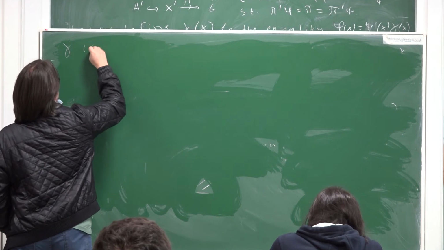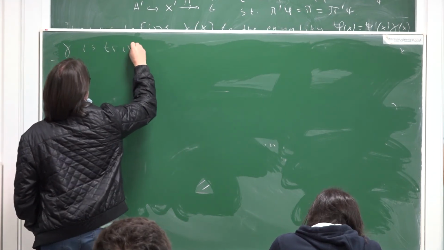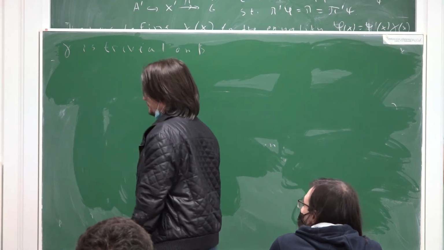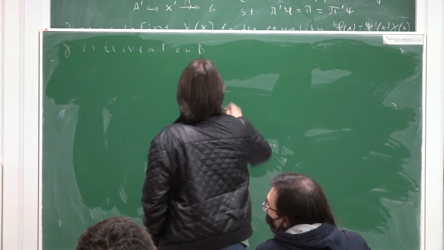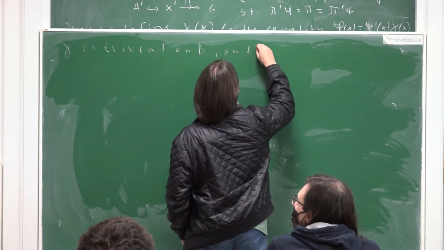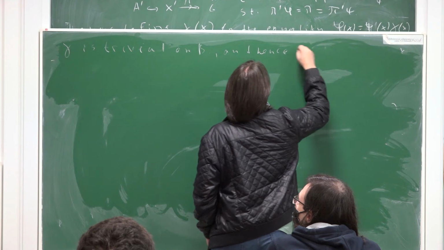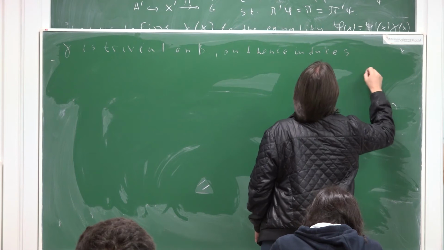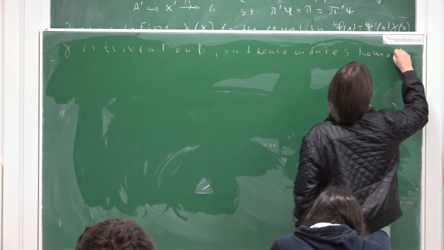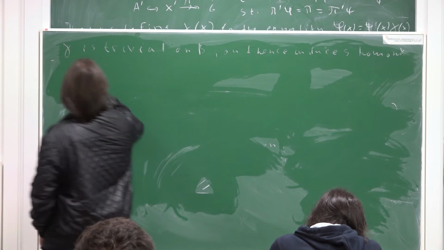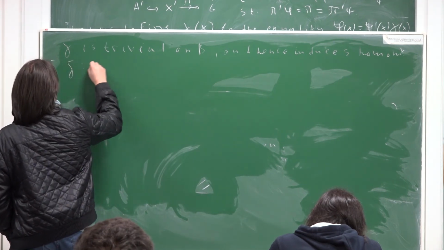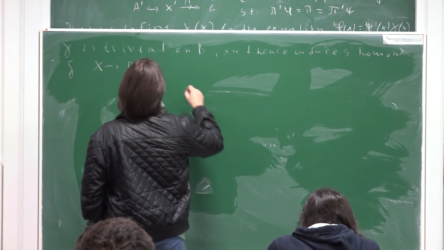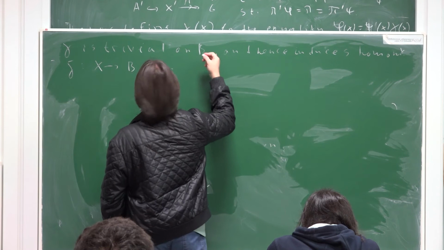And finally, this homomorphism is trivial on B. γ is trivial on B because B is in the center of Y, and hence induces a homomorphism γ' from X to B, such that γ is the composition.